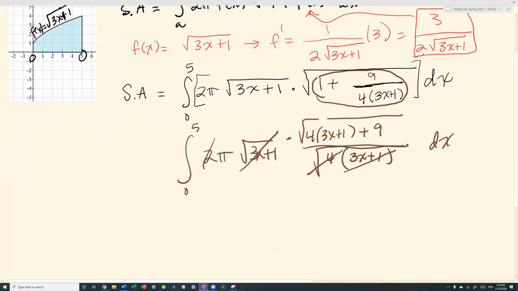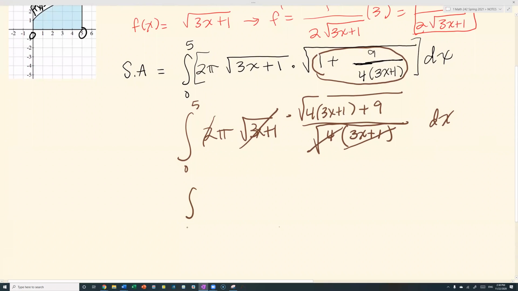So really, we have the integral from 0 to 5 of pi, and I'm going to leave the pi on the outside. The inside here is 12x plus 4 plus 9, which is 12x plus 13 dx. Nice how that got cleaned up there.